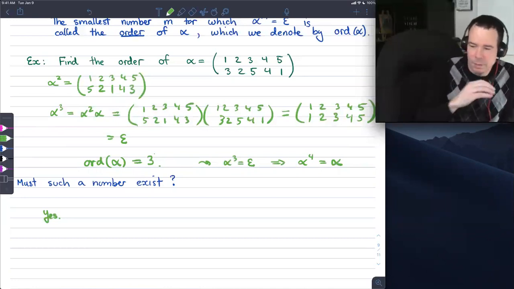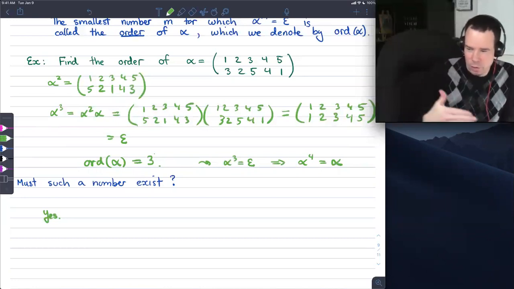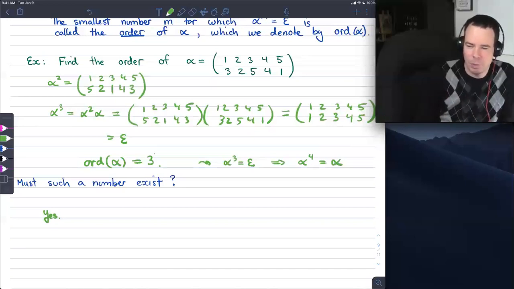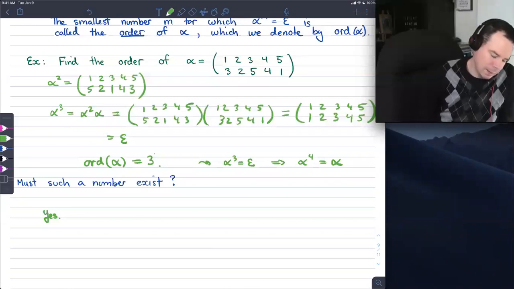So it's equivalent. Is there a power which produces the original permutation, or is there a power which produces the identity? They're equivalent. They're just going to differ by 1. The smaller number is going to kill it, and then you can bump it up by 1 to get the permutation back again.